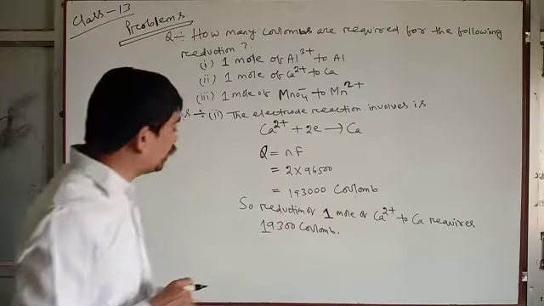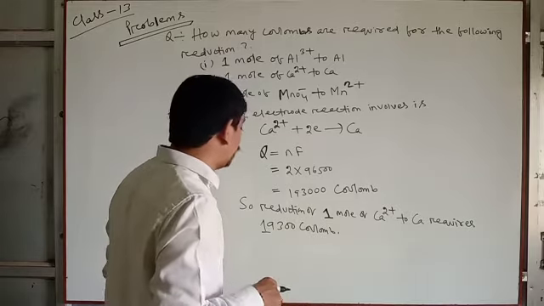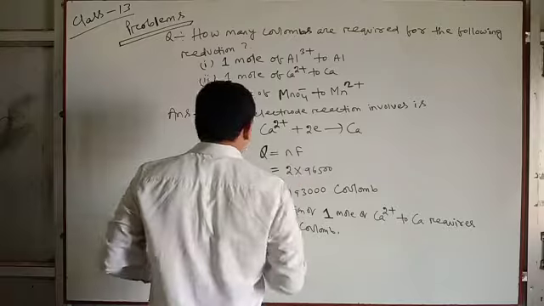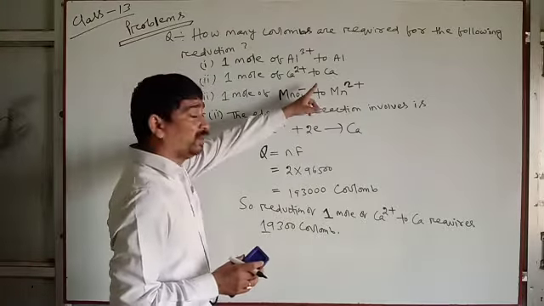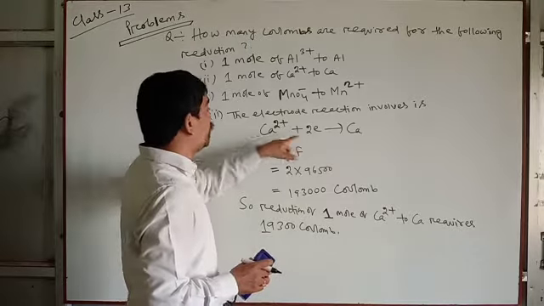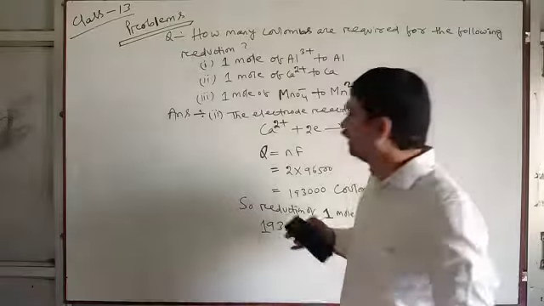Clear? So reduction of 1 mole of Ca2+ to Ca requires 19300 coulomb. Clear? So this is the second. Here 2 moles, here 1 mole. Clear?